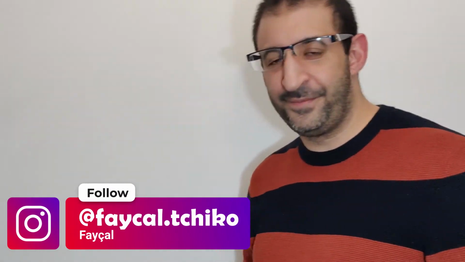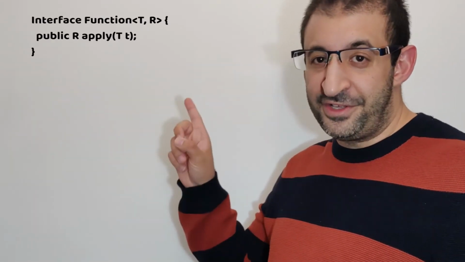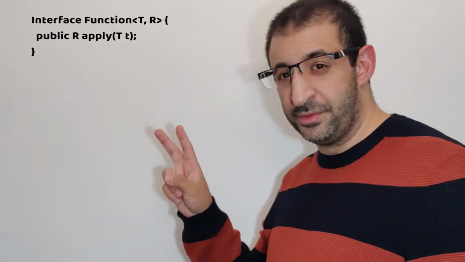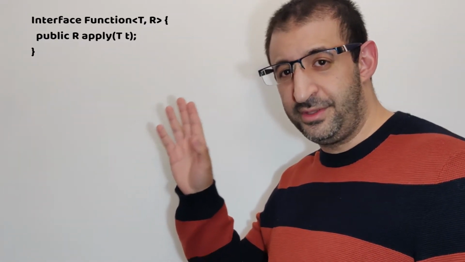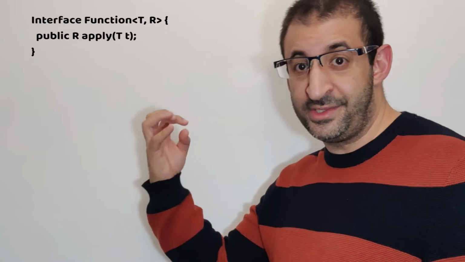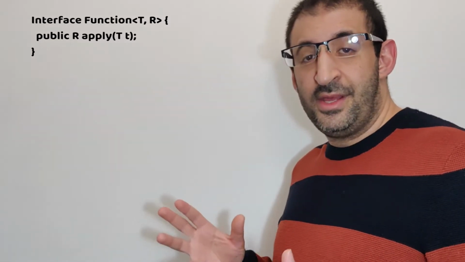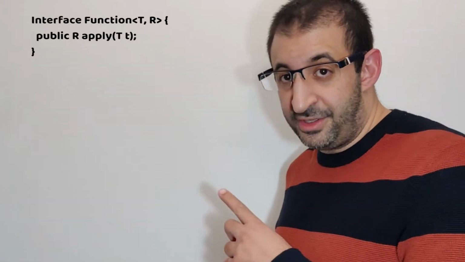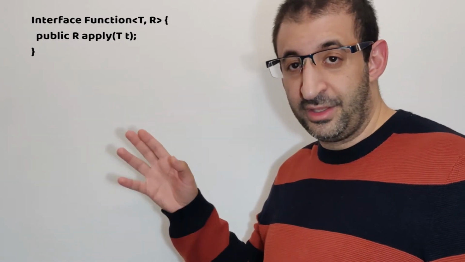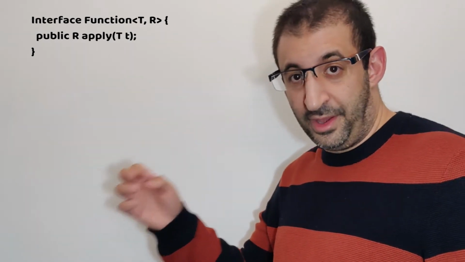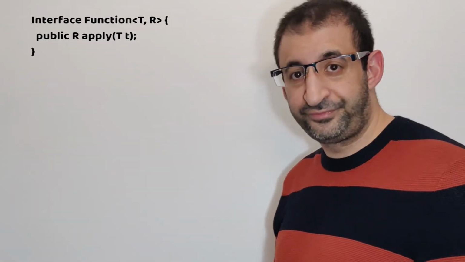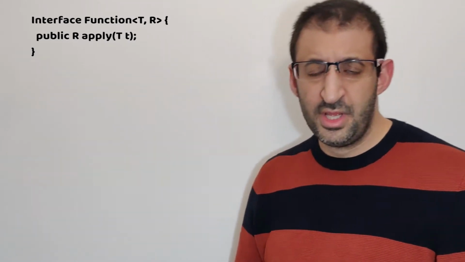I think you understand very well with this example. Now with Function. We have the interface Function. It contains two type parameters, T as the input parameter and R as the return type, and it contains only one abstract method, apply: public R apply with a T parameter. So let's make an example.